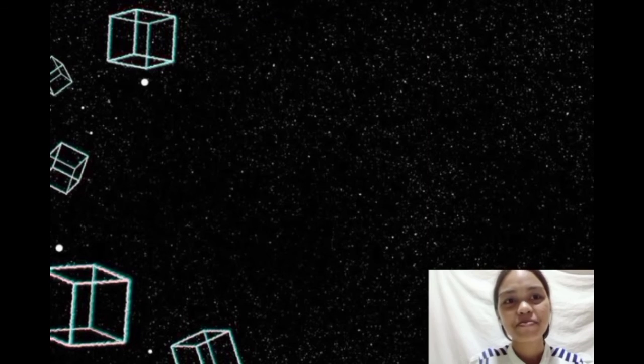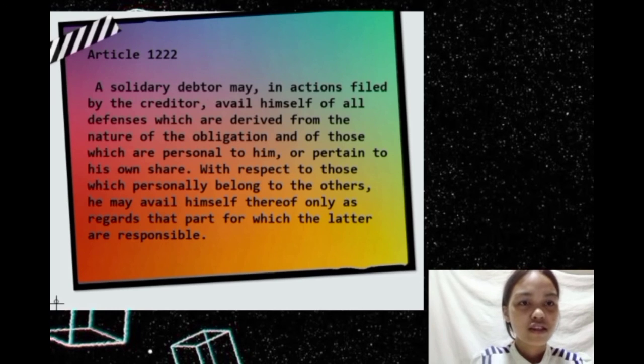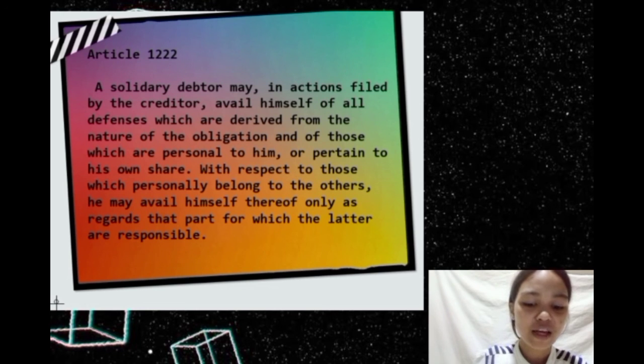Next, Article 1222. A solidary debtor may, in actions filed by the creditor, avail himself of all defenses which are derived from the nature of the obligation and of those which are personal to him, or pertain to his own share.